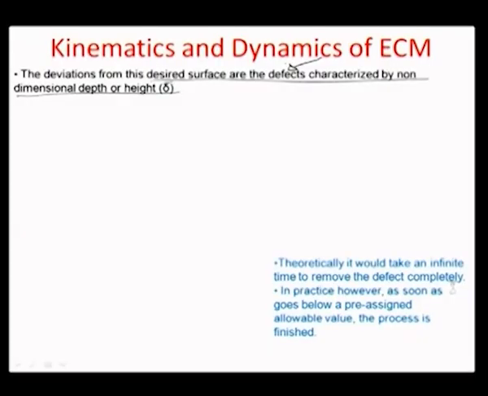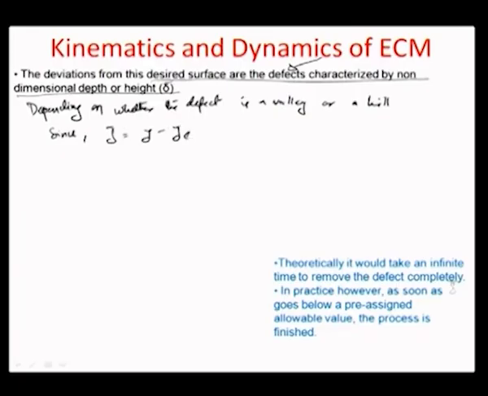So, depending on whether the defect is a valley or a hill, delta equals y minus the equilibrium gap.